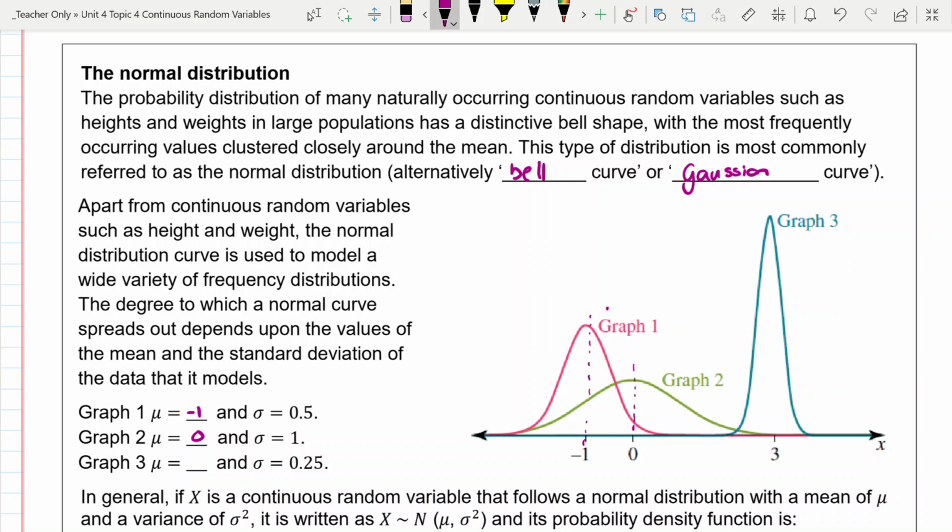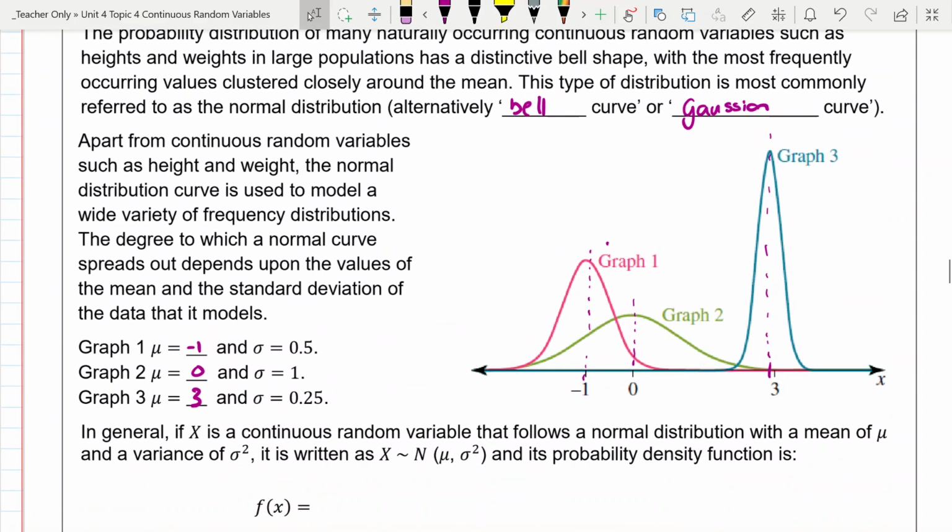Can you see it's more spread out? So it's got a larger standard deviation, which is 1. And if we look at graph 3, our mean there is 3, and you can see that's a really skinny graph, so we have a smaller standard deviation. Standard deviation is all about the spread.